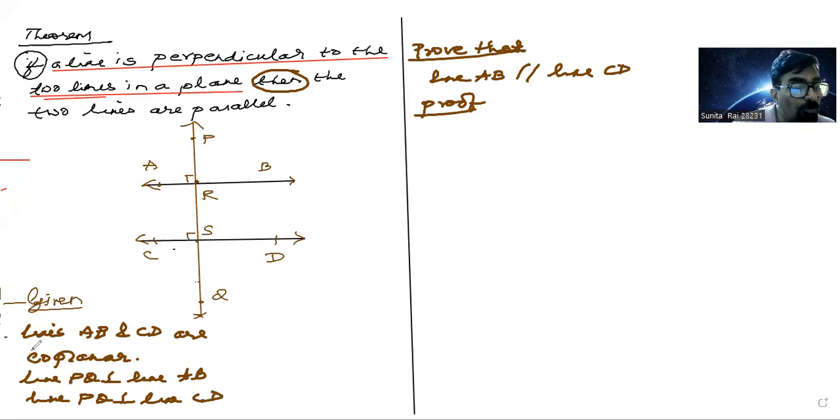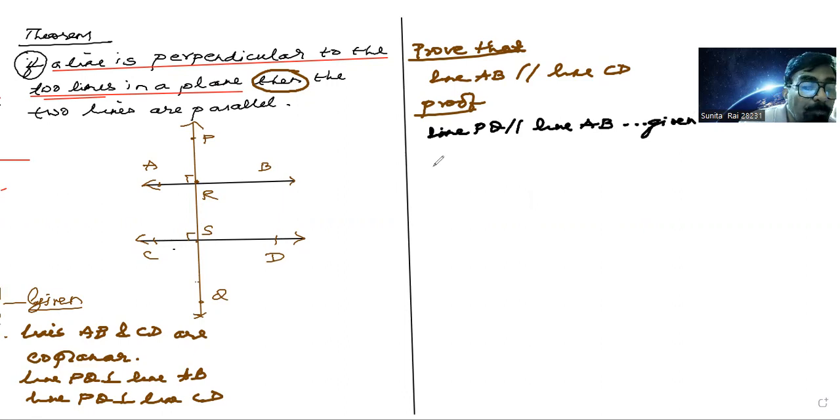What is that? First given information is what? Of course, AB and CD are coplanar. Line PQ perpendicular to line AB is given to us, children. You know, when the lines are perpendicular, the angle formed at the point of intersection is 90 degrees.